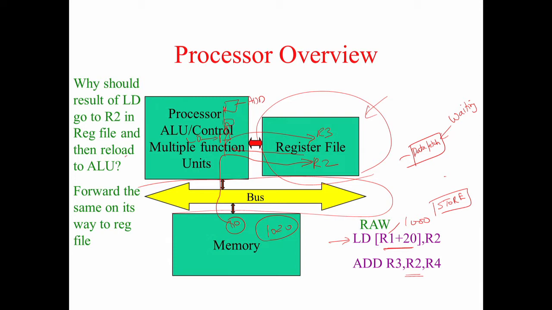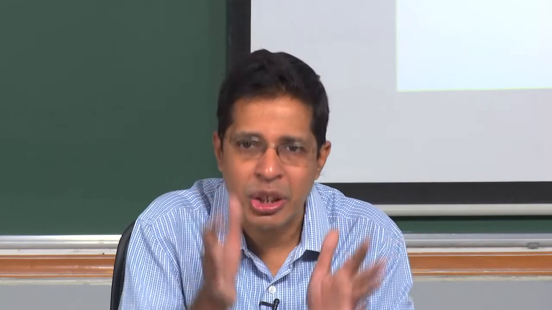One thing is, accessing the register file also takes some amount of time. The second thing is, the load has to complete writing into R2 before I start, so there is more time elapsed in that. So, these two time intervals are shortened by just doing this forwarding.